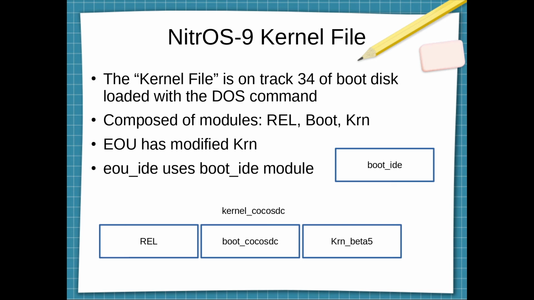Rel, which does relocation, boot, which loads the OS9Boot file from the drive, and then kern is the kernel file. So EOU has a specially modified kernel, so we need to get it from EOU, and this EOU IDE project has a modified boot IDE module. So what this script does is it puts all of these things together.